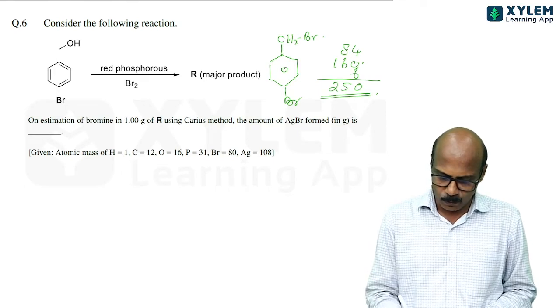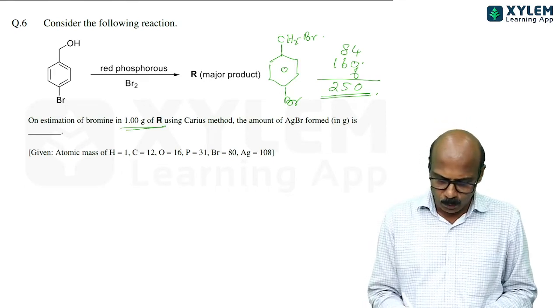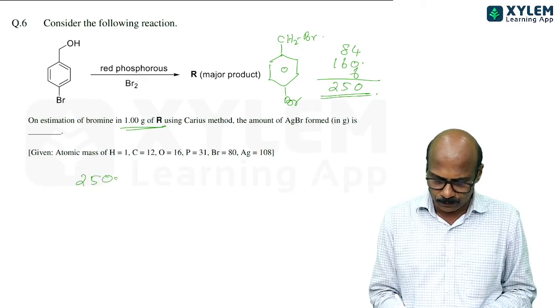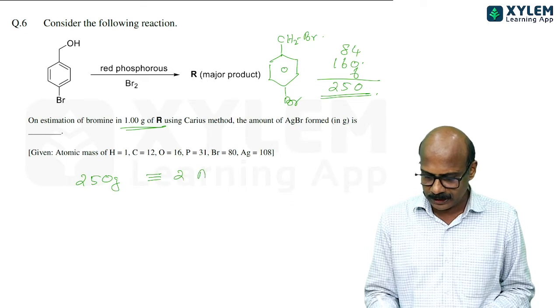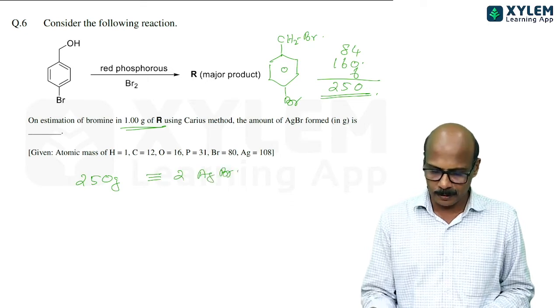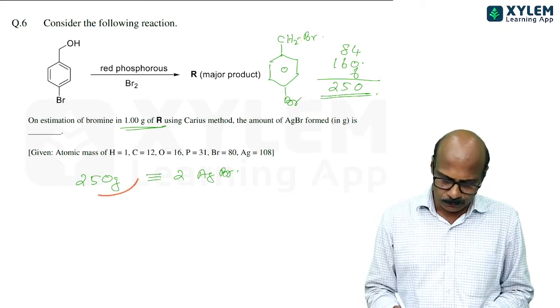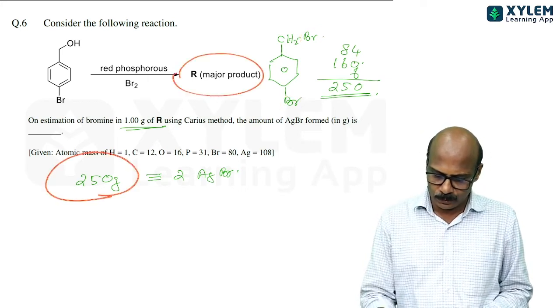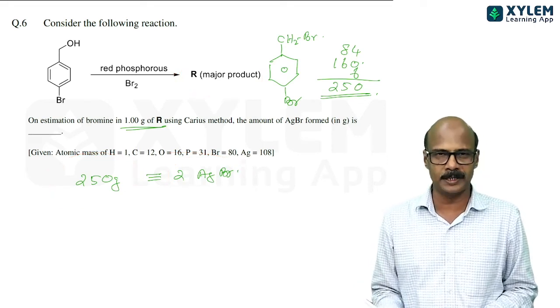You are taking 1 gram of R. And again you know if you take 1 mole, that means 250 gram of R, you will get 2 mole AgBr. Am I right? Because there are 2 bromine atoms present in the species R. How many moles are taken?